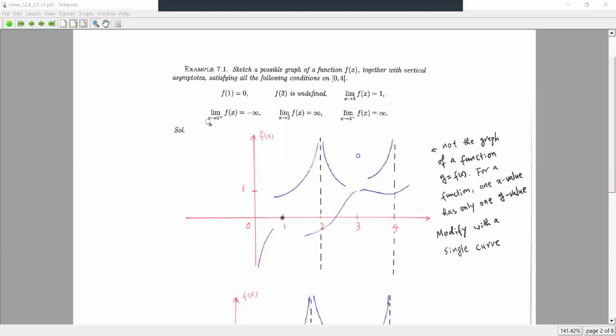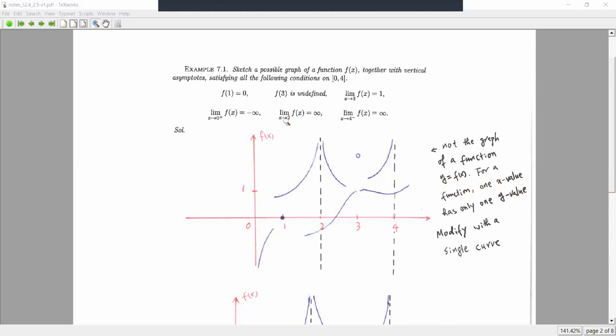Condition 4. As x approaches 0 from the right side, function approaches negative infinity. This is an infinite limit. As x approaches 0 from the right side, the graph goes down to negative infinity. Condition 5.